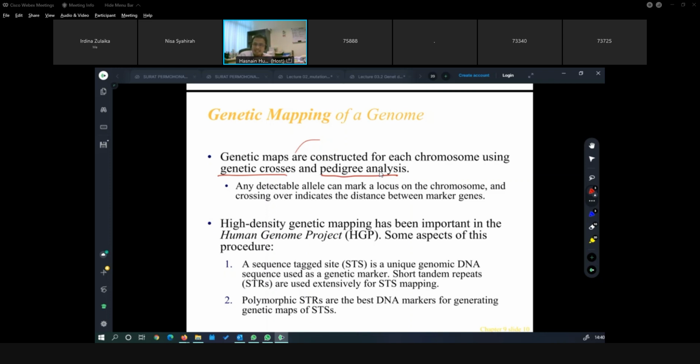So for any detectable allele, for example, if you cross between the normal and mutant, and the progeny is abnormal, then you know that this one inherited from the parent that is abnormal. Then you can see where it is on the chromosome. Okay, so that is a detectable allele which marks the locus.